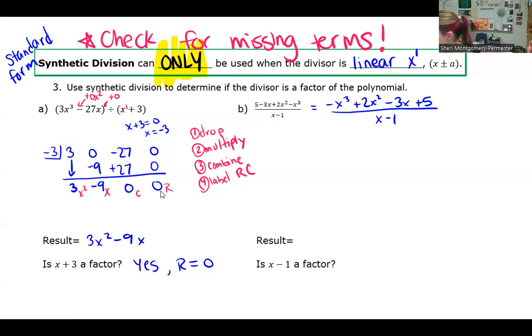So let's do the next one. First thing that I want you to do, I'm going to do it up on the board. What I want you to do is just see if you can figure out what goes here and what the coefficients are to write along the top. See if you can set the problem up.